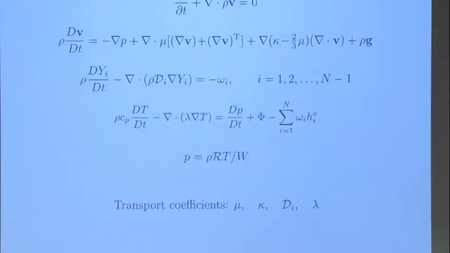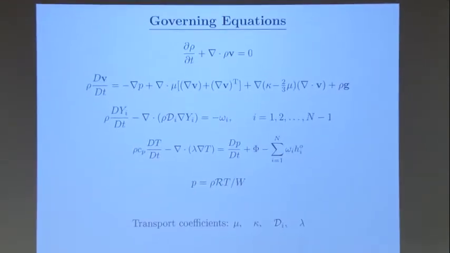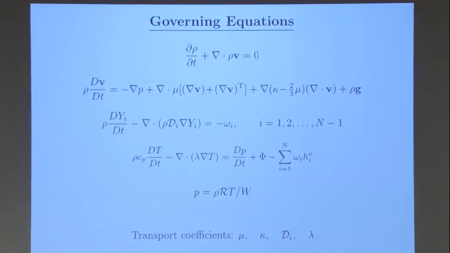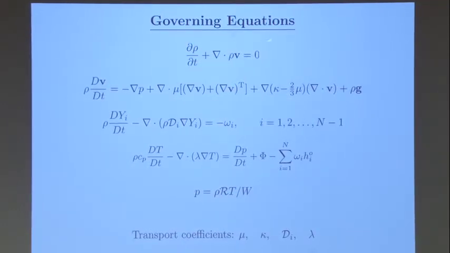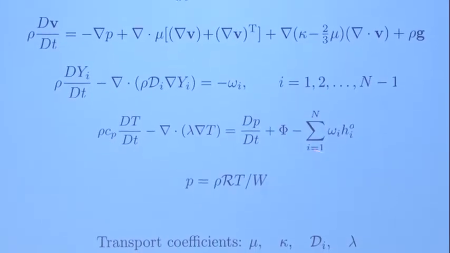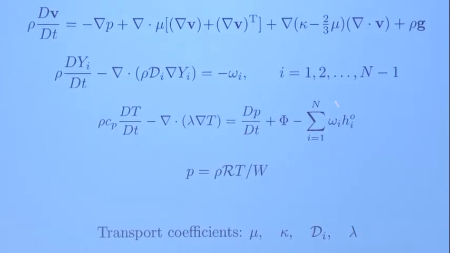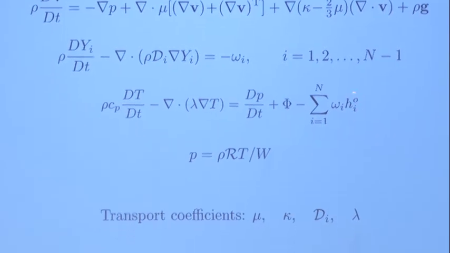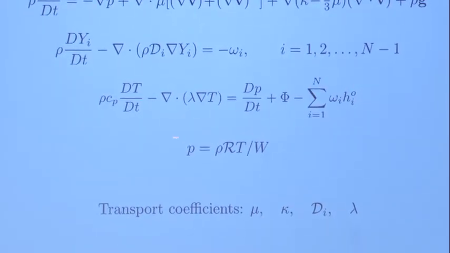All right. What we have accomplished, and I think this is my last slide in this set, is we have mass conservation of the total mixture. We have the momentum equation, so we have the Navier-Stokes equation. The species equation here, which is written for species I, the energy equation written in terms of the temperature in the form that I chose to write, namely with the h_i naught here, the enthalpy of formation, and the ideal gas law, and to close the system, we have enough equations with enough unknowns.